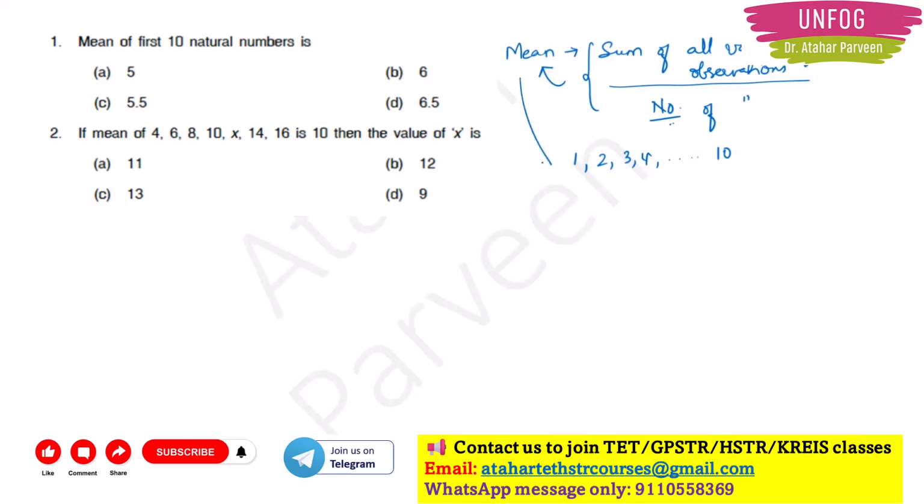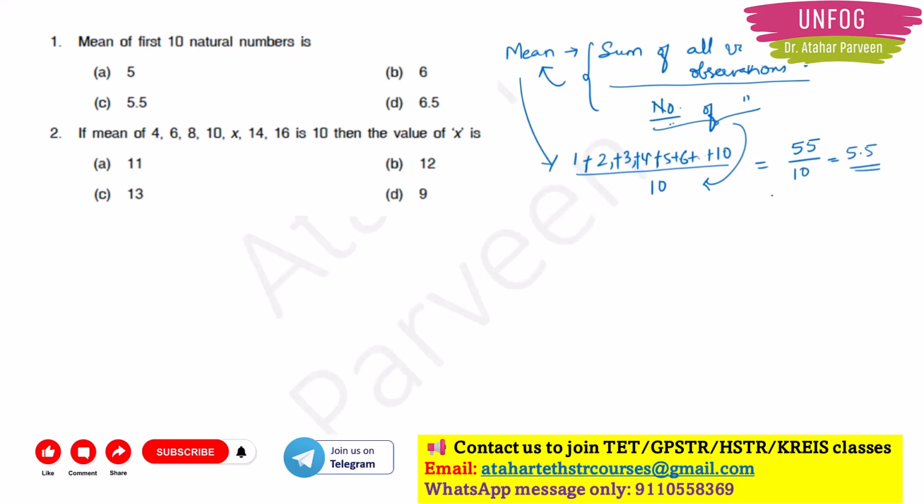Now to find the mean, we have to take the sum of all these numbers, 1 plus 2 plus 3 plus 4 plus 5 plus 6 plus 7 plus 8 plus 9 plus 10, divided by number of observations. 10 numbers are there, right? So in the denominator you will write 10. If you add all these natural numbers, you will get 55. 55 divided by 10 will be 5.5.